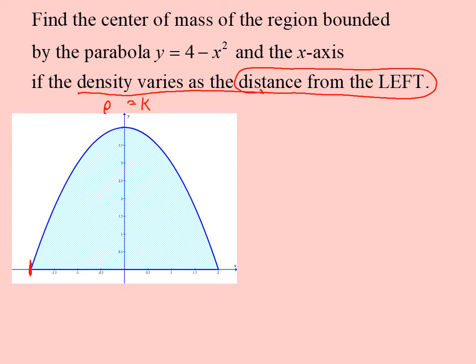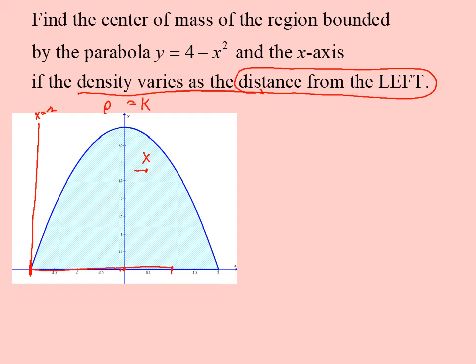If we pick any point out here, such as this, we need that distance. Now notice it's from the left side, and the left side being x equals -2. So we need the distance from any point x to -2.